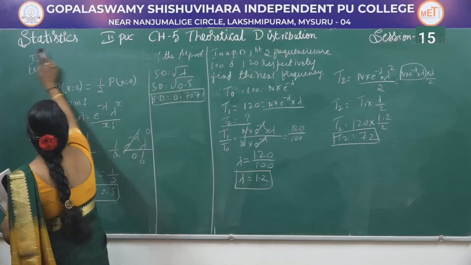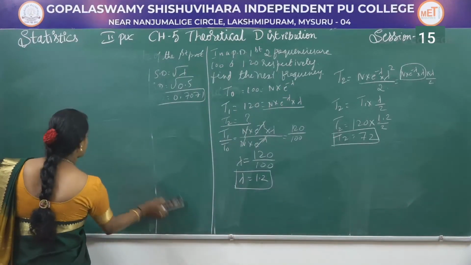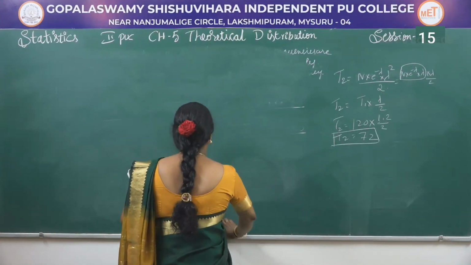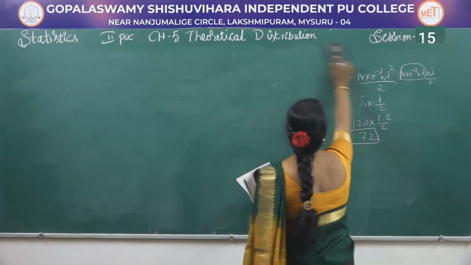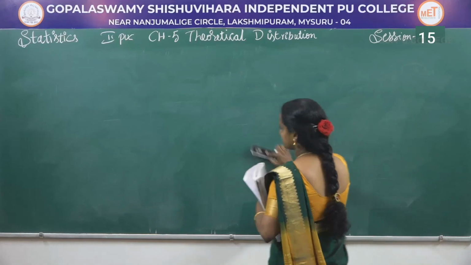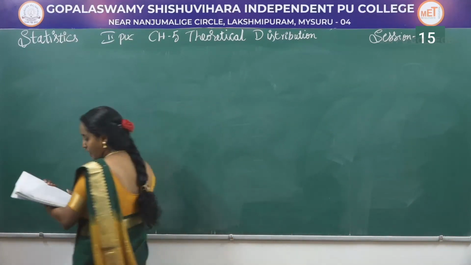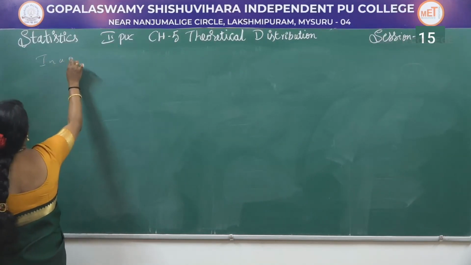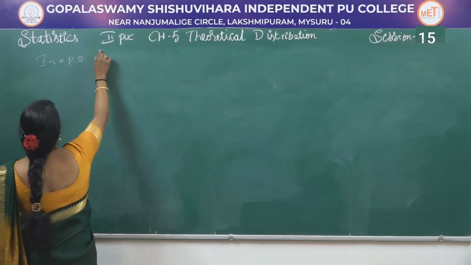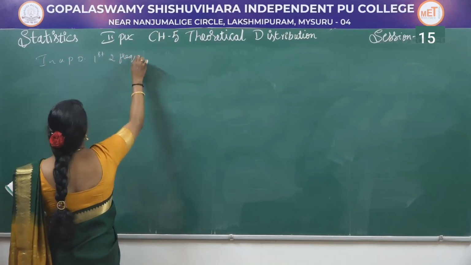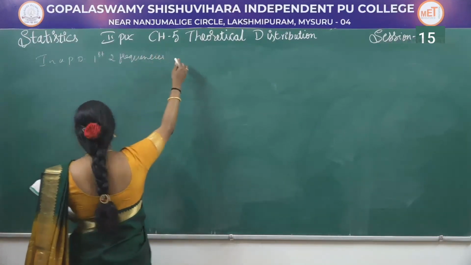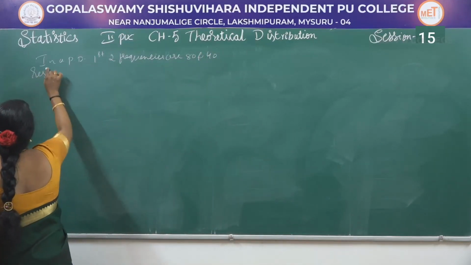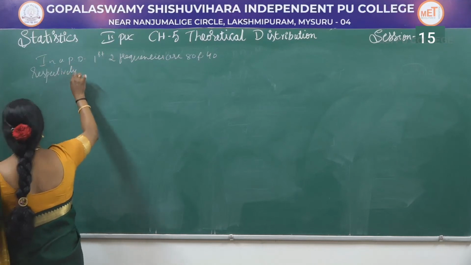Next one. In a Poisson distribution, the first two frequencies are 80 and 40 respectively.